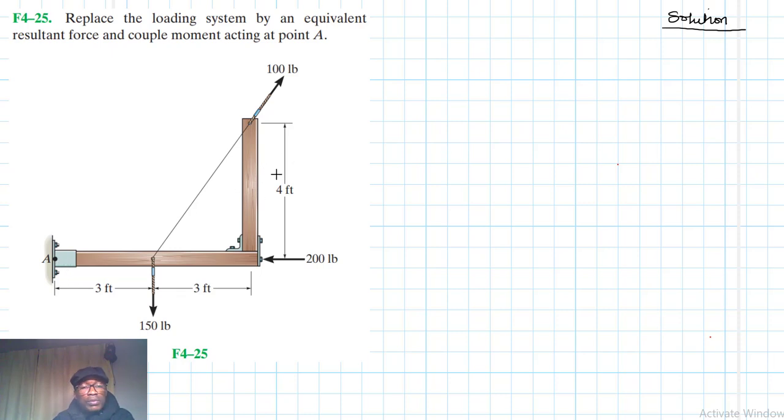Before I solve this particular problem, I'll give an example of a very short problem so that we run quickly through this particular problem.